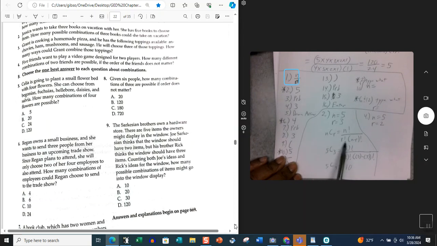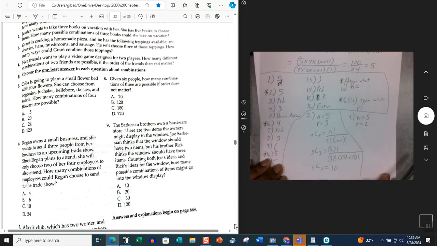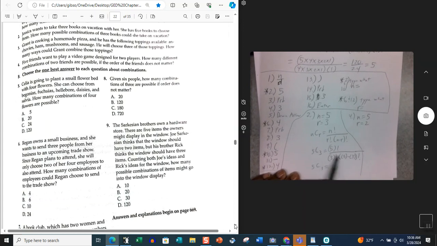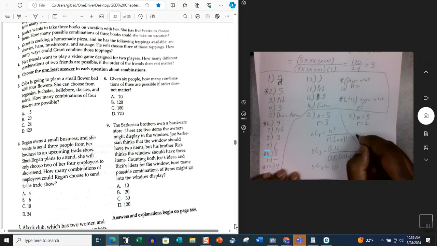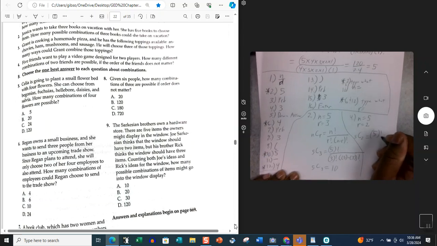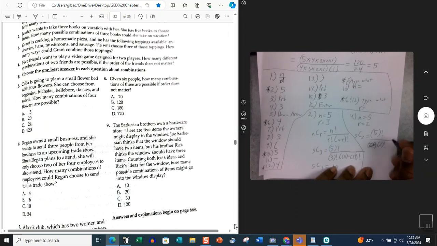I'm not going to rewrite the formula. You can rewrite the formula if you so choose. But I'm going to start from here. So this would be 5C2 is equal to 5 factorial all over 2 factorial times the parenthesis of 5 minus 2 parenthesis factorial.